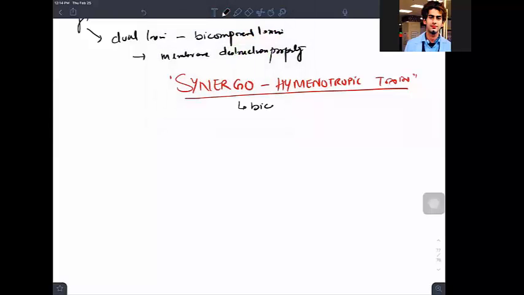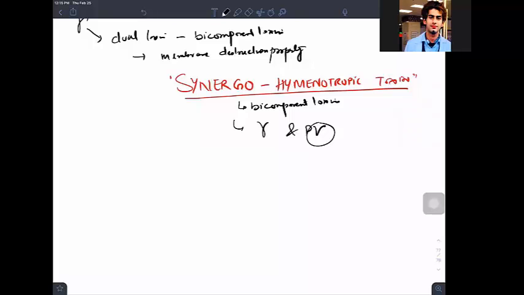Second, examples are gamma and PV toxin. What is PV? Panton-Valentine toxin. I will be telling about Panton-Valentine leukocidin, another toxin which we'll be reading.